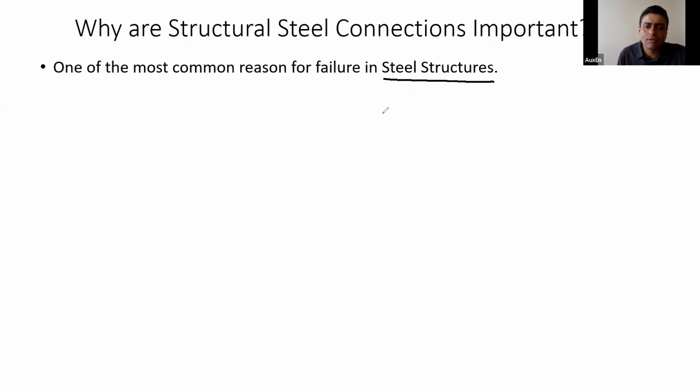If you see practical failures in structures, you quite often conclude that the most common reason for failure in steel structures is the failure of the connections. Okay, so improper connection failure is one of the most common reasons for failure in steel structures.